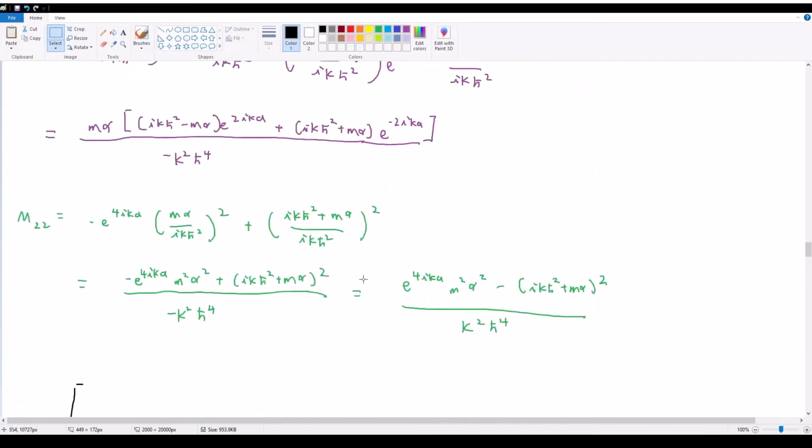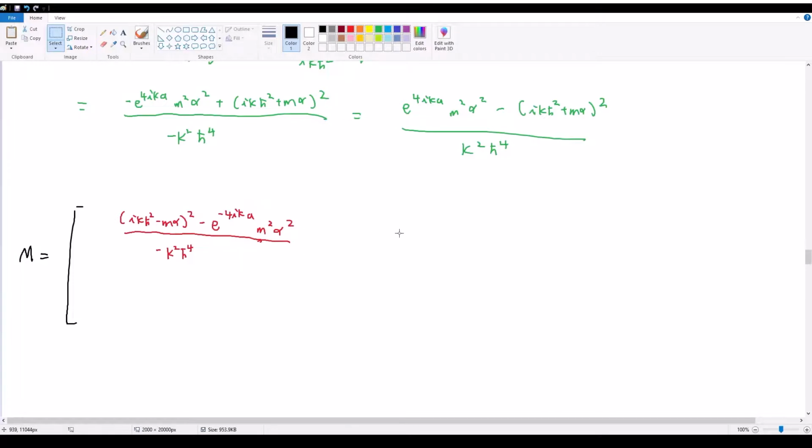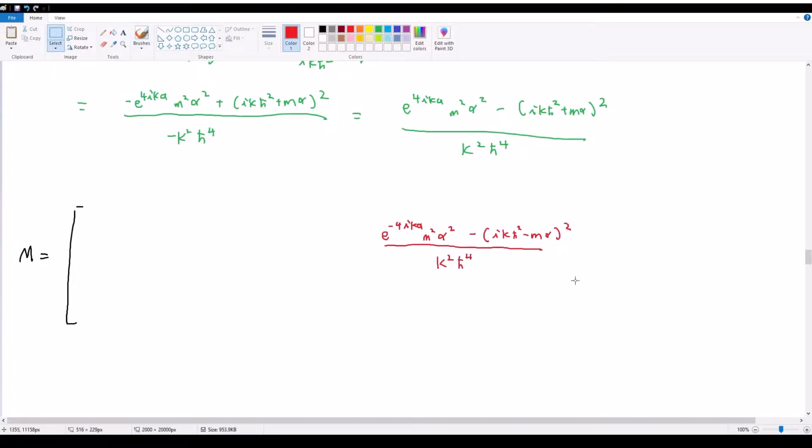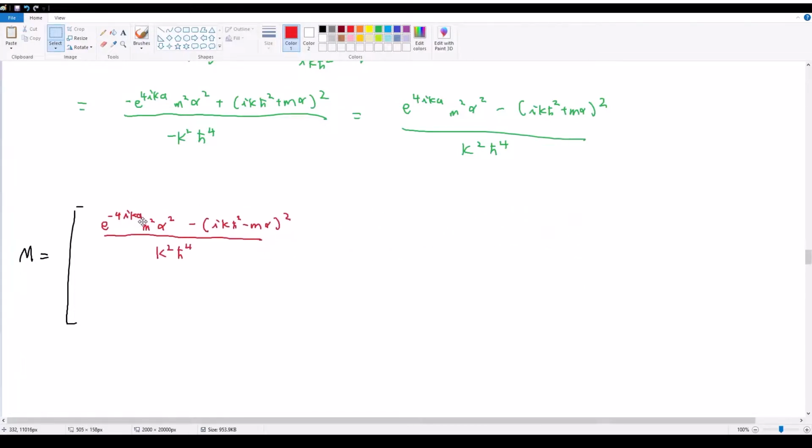So starting with M11, and you know what, we can get rid of the negatives, clean this up a little bit. This is actually equal to e to the negative 4ika m squared alpha squared minus ik h bar squared minus m alpha squared over positive k squared h bar fourth. So I'm going to delete this and substitute this, which is a slightly neater expression in.